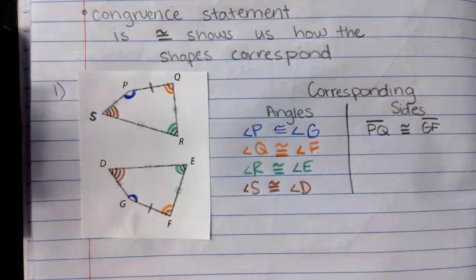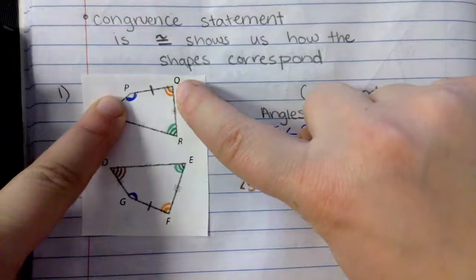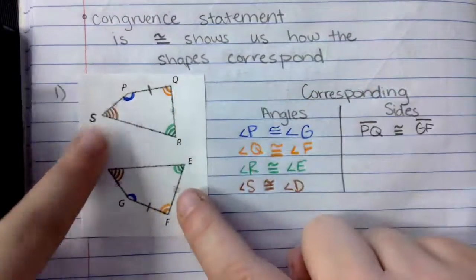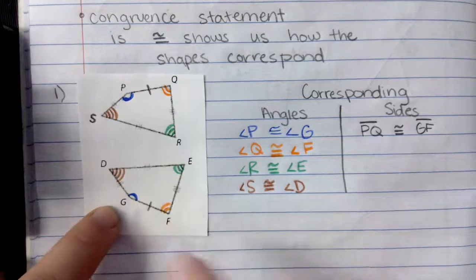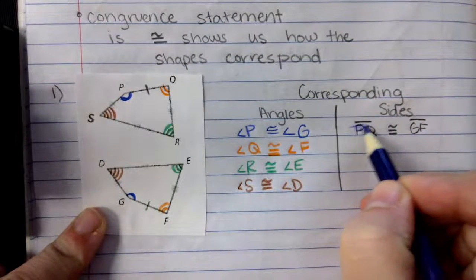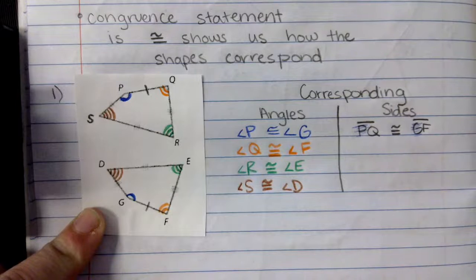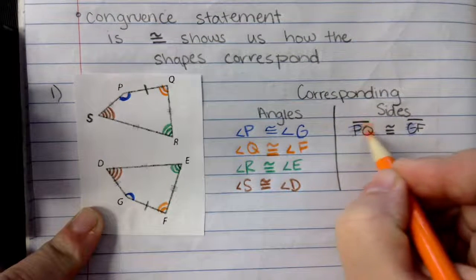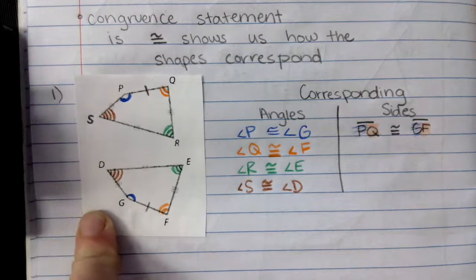If you want to mark that, you can: P and G went together, those are my blue; Q and F go together, those are my orange. As we match our sides, we can double check that it matches the angles, because as we go from one corner to the next, we're really connecting those angles.